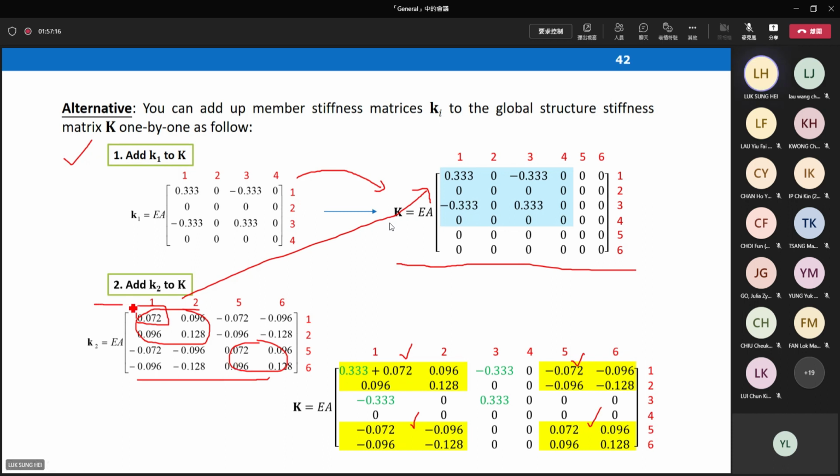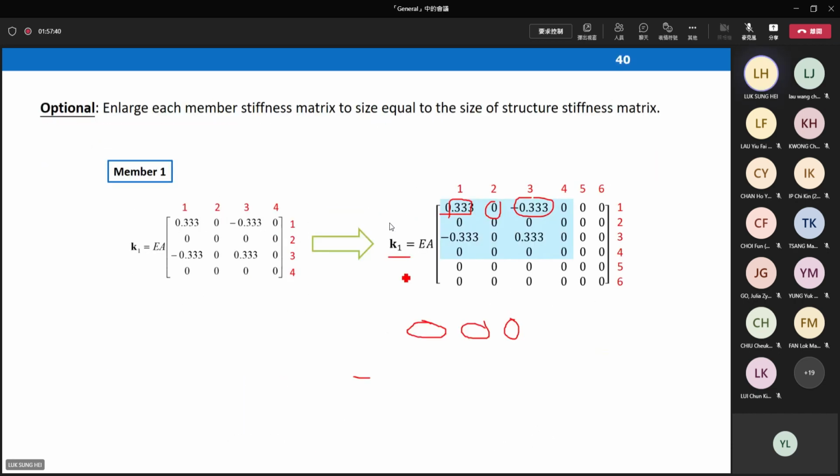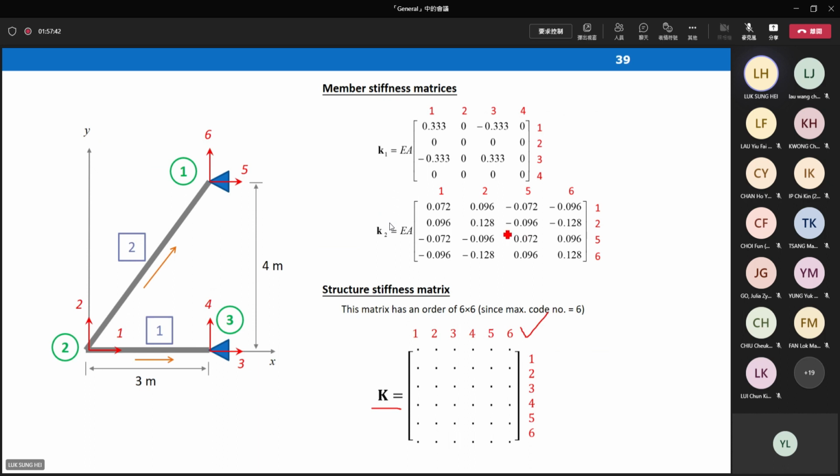So the entries along code numbers 3, 4, you can keep the same. No change. Just consider code numbers 1, 2, and 5, 6. This is also one way to add up the element matrices together without enlarging everything. So it depends on your options. You can do a direct mapping if you're familiar with these calculations.